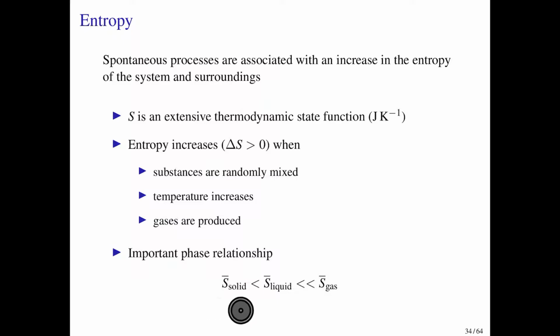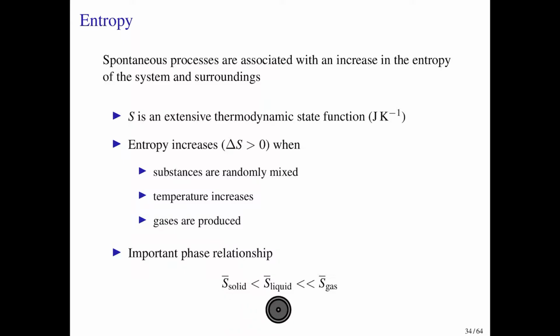The reason this is true can be understood in terms of the number of microstates available to the system. In a solid, the molecules are held rigidly in place. They can't move around very much, and so the number of available microstates is small.